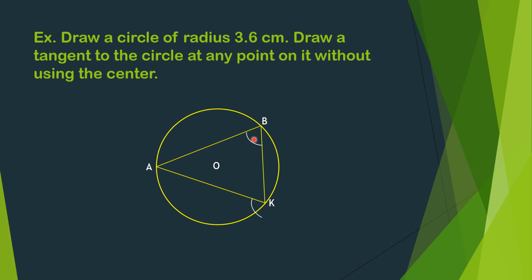Then take the width of this arc with the help of the compass, and from the intersection point of this arc, draw one intersecting arc. Okay, now from this intersection arc and point K, draw a tangent. This is our required tangent from point K without using the center.